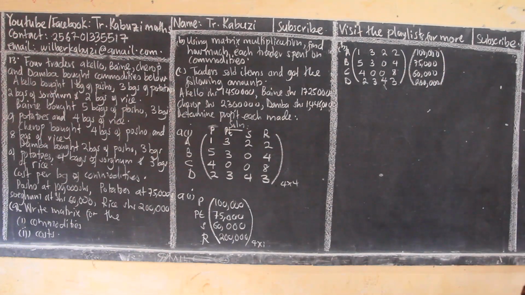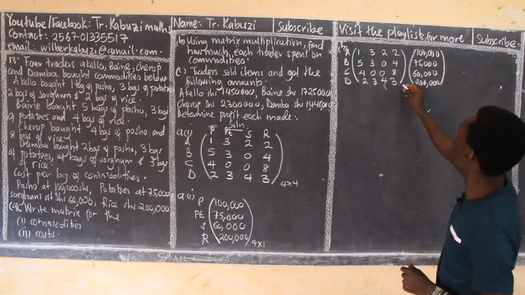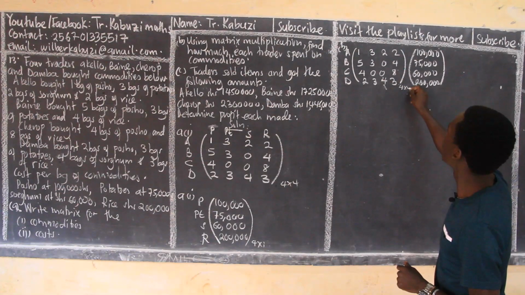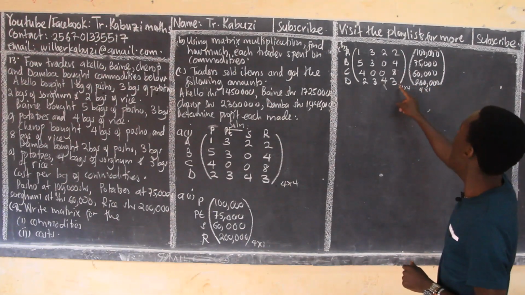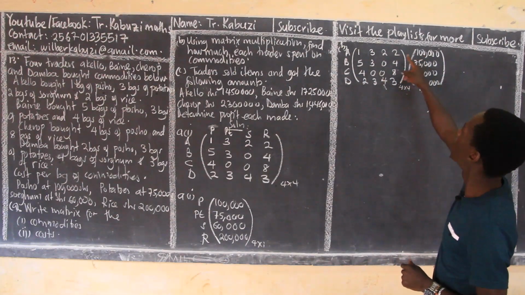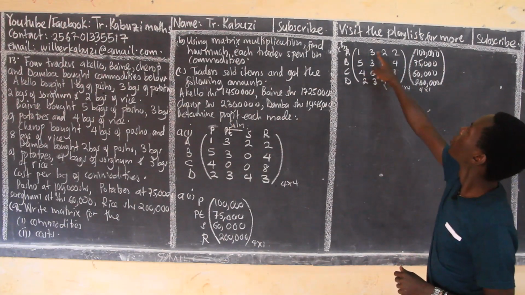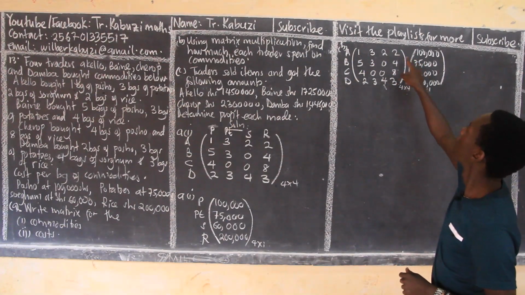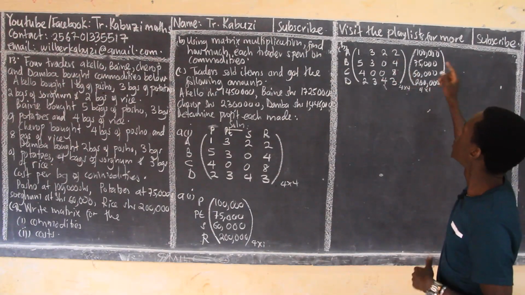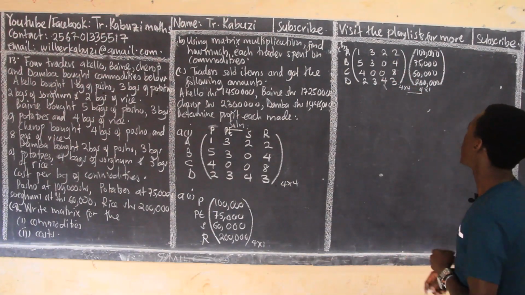I think you know how we multiply row by column, row by column. You see, posho goes with posho, potato with potato, sorghum, rice in that order. These ones are the same, so we are able to multiply.